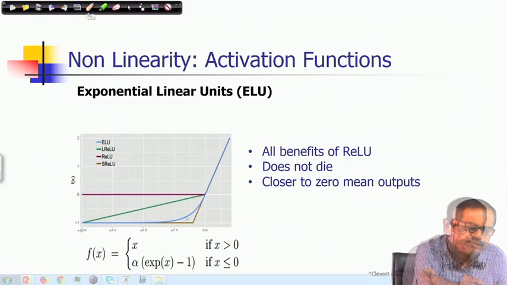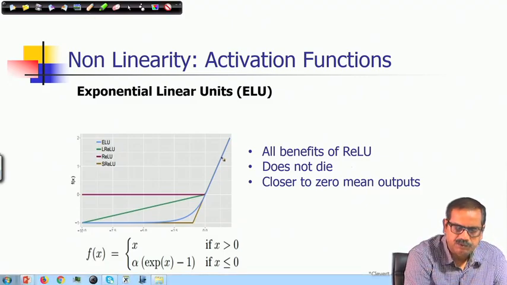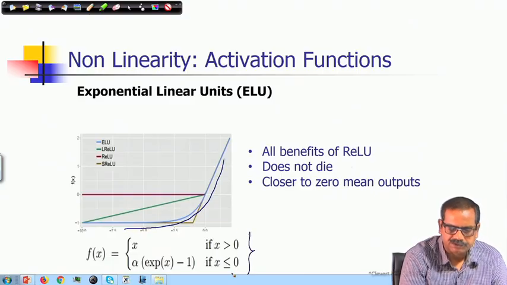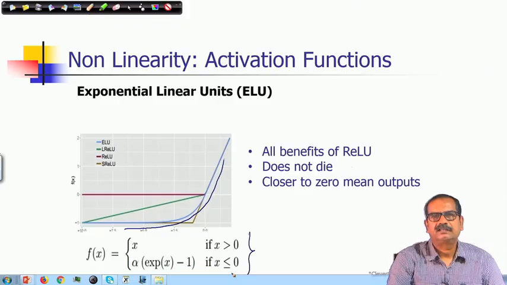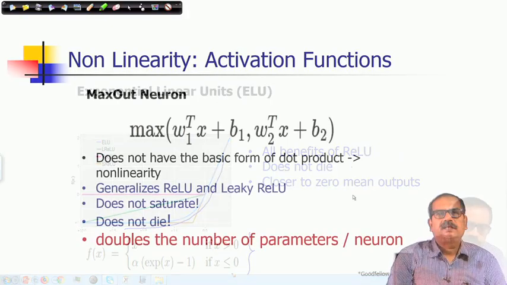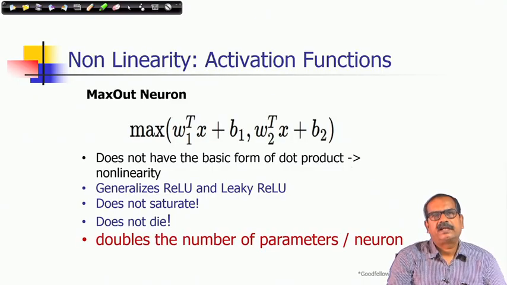In this particular graph, the blue graph is the exponential linear unit, which corresponds to this function. It has all the ReLU benefits, and it is closer to zero mean outputs. Another nonlinear activation function is called the maxout neuron.